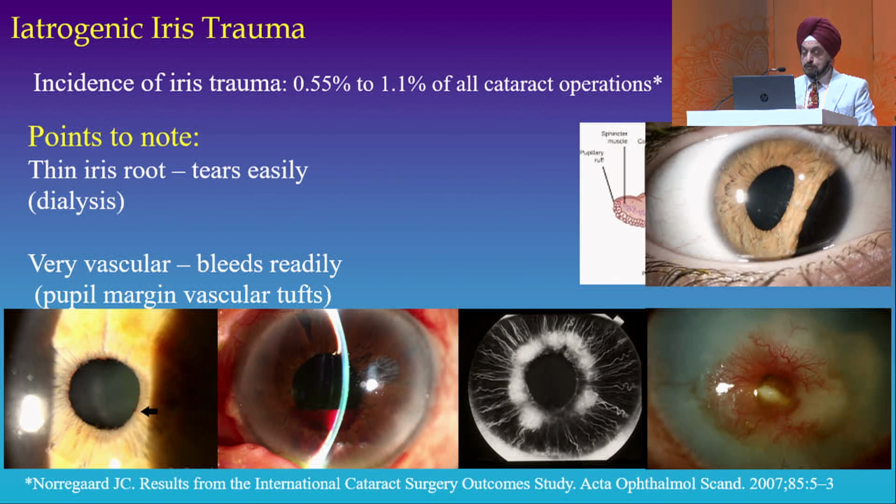It is also a very vascular structure, and it bleeds quite easily, and you can get a lot of bleeding from the iris root. You can get bleeding from the pupillary margin, where often there are little tufts of vessels. You can see them on the slit lamp and anticipate this problem, but often they are missed.